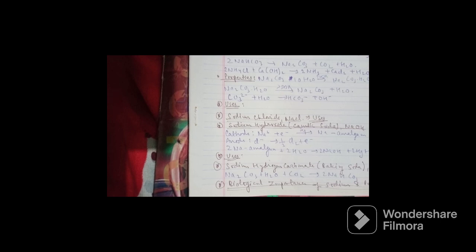In unit 8 we covered redox reactions: classical ideas of redox reactions, oxidation and reduction reactions, redox reactions in terms of electron transfer, oxidation number, redox reactions and electrode processes.